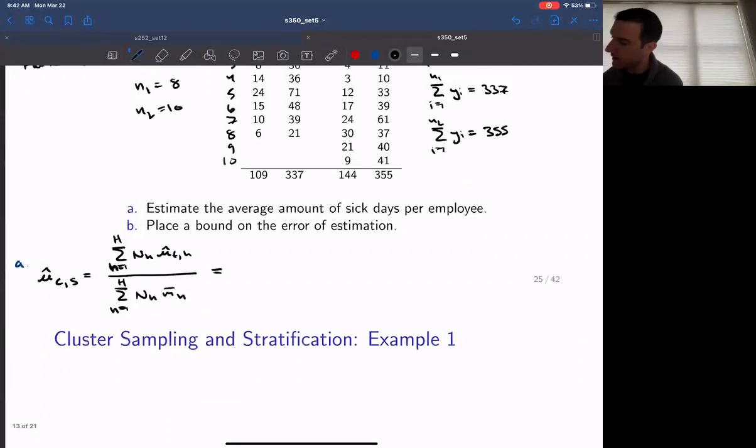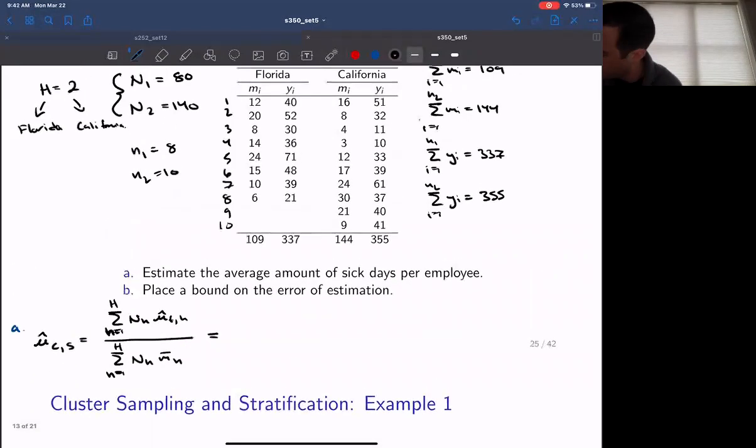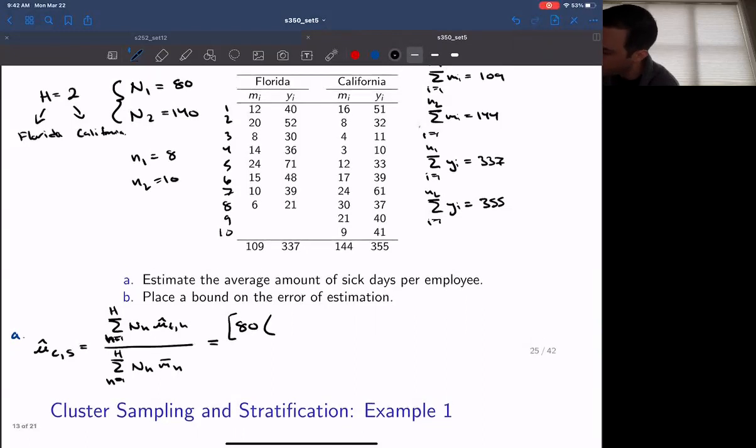All right, so this is going to give us 80 multiplied by the sum from i equals 1 to little n1. So that's 337 divided by the number of clusters, little 8.